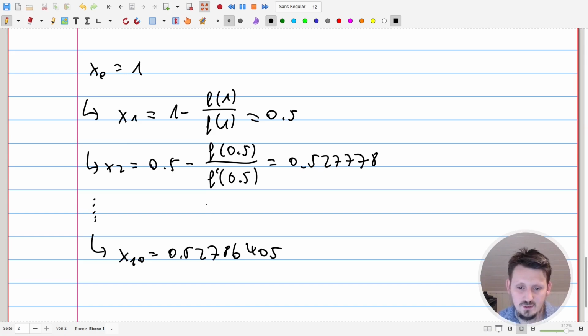For most functions you can do that, as long as you can calculate the derivative and x0 is not too far away. You have to play around. Maybe you can plot the function beforehand with a calculator. You can calculate it for a certain number of values, then for some other values, and when you see that for the first values the function value is negative, and for the other ones it's positive, it means the zero value, the root, must be in between, and then you have already a good approximation.